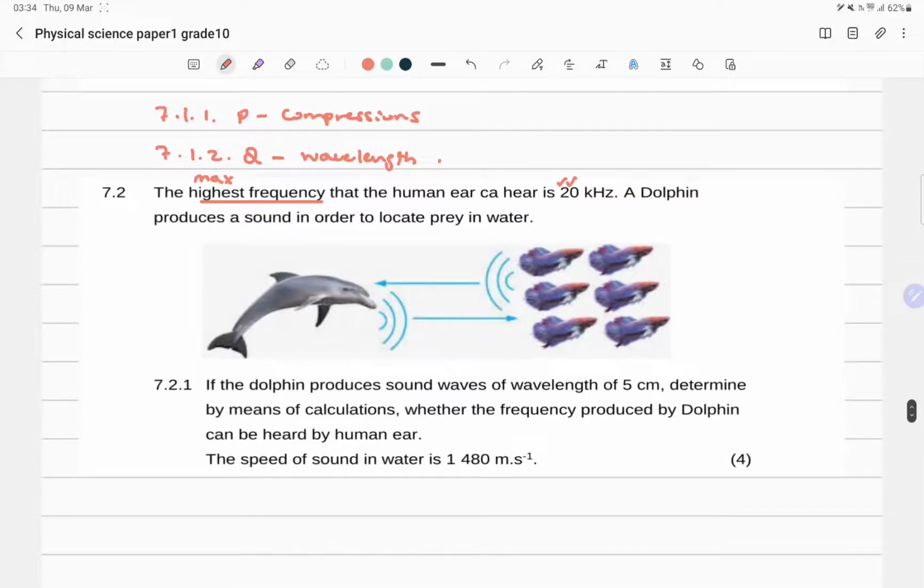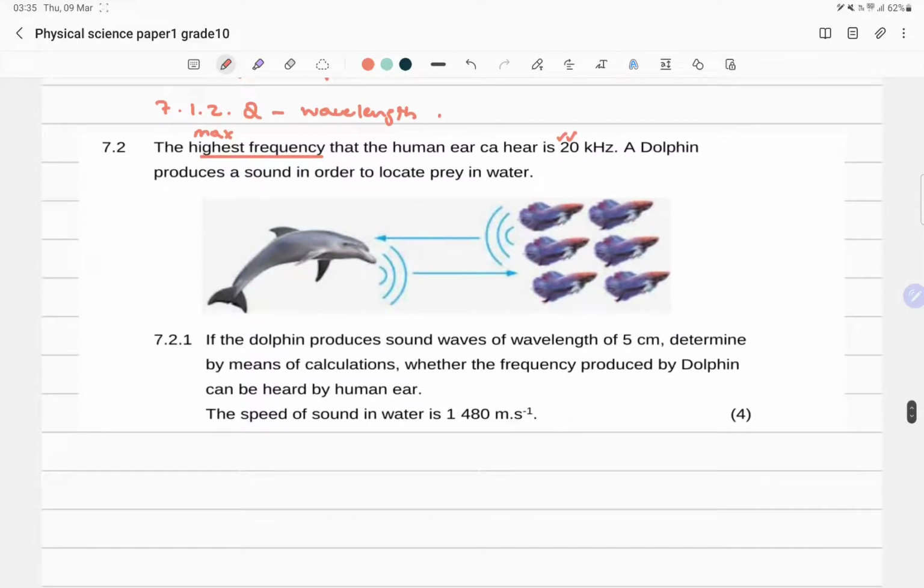You can see that it sends a sound, it bounces and comes back, and then it can tell whether there is something in this direction to go for. These things are very smart. If the dolphin produces sound waves of wavelength 5 centimeters, determine by means of calculations whether the frequency produced by a dolphin can be heard by the human ear.